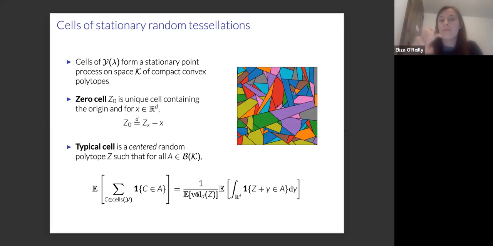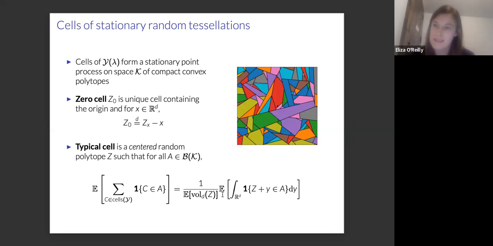This is an appropriately centered random polytope, such that if you want to compute the expected value of the number of cells in your infinite tessellation that have some property, this is equal to an expression that just depends on a single random polytope that we call the typical cell.